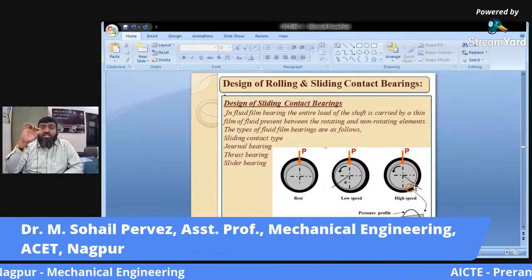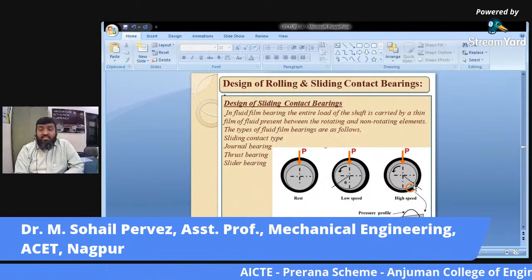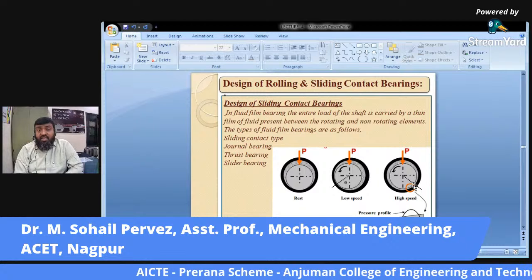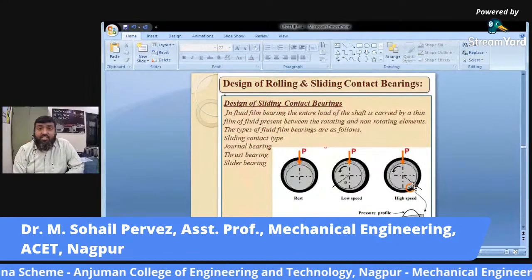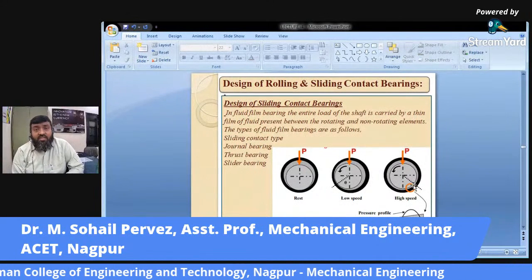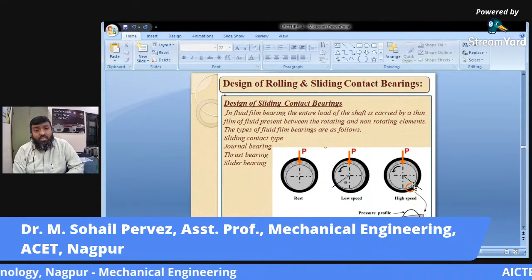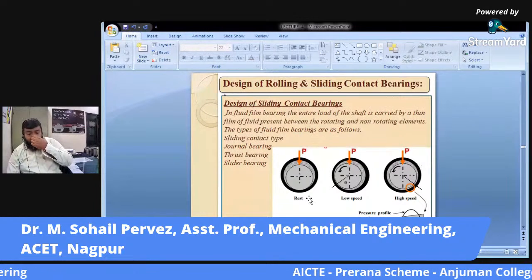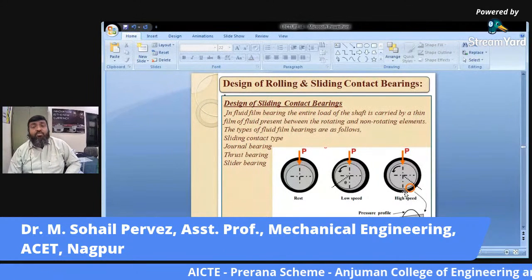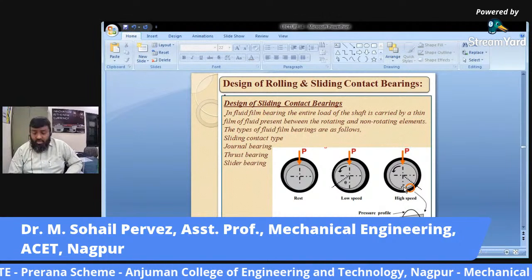So there comes a thin or a thick film of lubrication, as if we can say that it is trying to separate the entire shaft or the entire assembly from the bearing surface, and will offer minimum or no friction at all. But in this case, at the starting of the motion and at the end of the motion, the friction will be high. Otherwise, the rolling friction is very low.